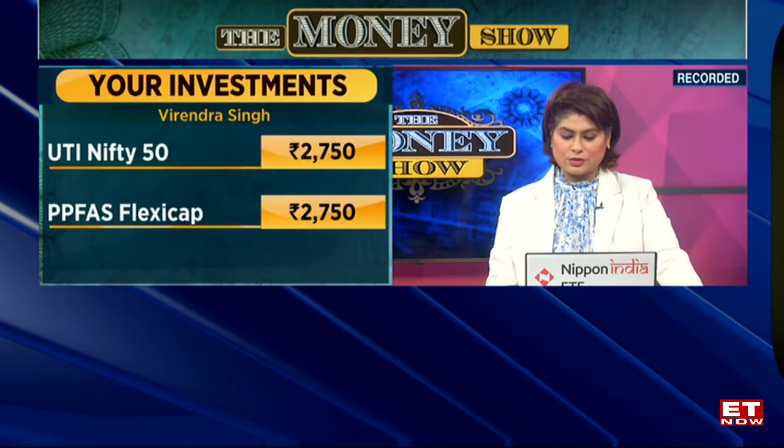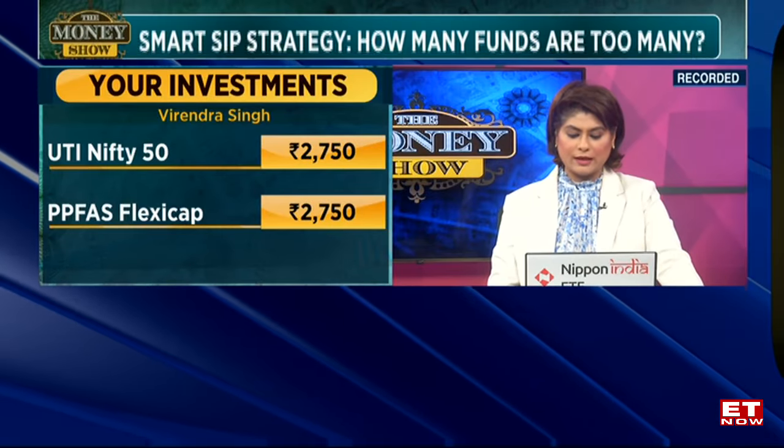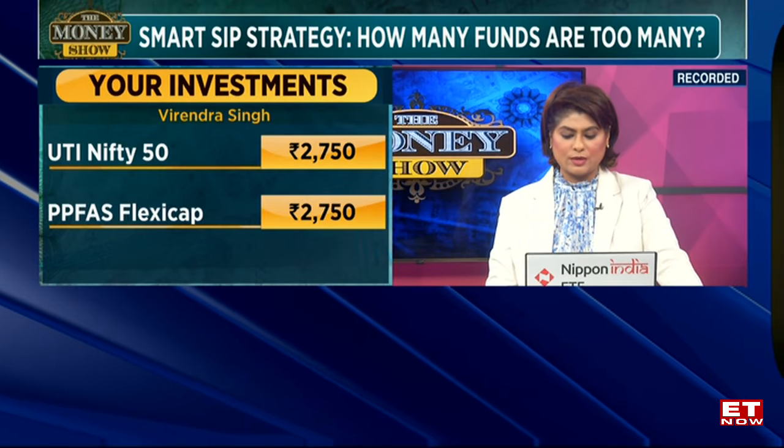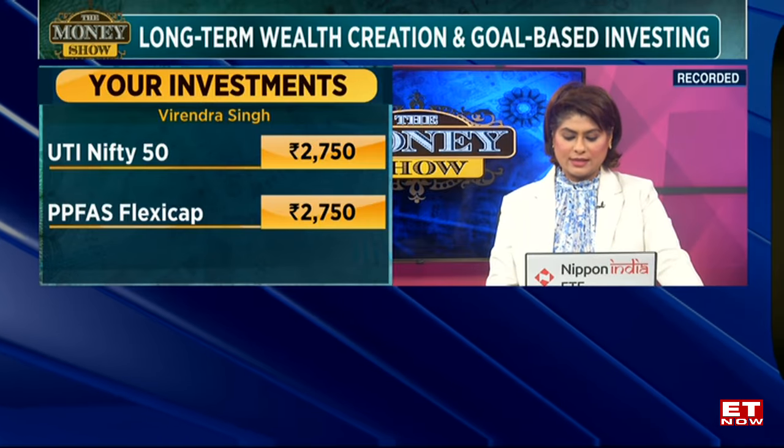Let's begin with our viewers' queries. This is Rajesh's question that I'm taking first. Sorry, his name is Vivender Singh. He's from Jaipur, Rajasthan, 39 years old, and he has 4 funds: UTI Nifty 50 Index, 2750 investment amount, Parag Parikh Flexi Cap, Bandhan Small Cap, and Motilal Oswal Mid Cap.